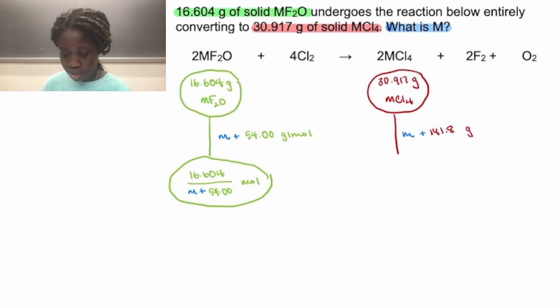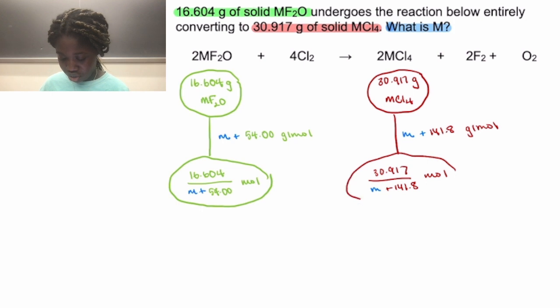This whole thing is grams per mole. So I'll write our expression, 30.917 over m plus 141.8 moles, and we'll put this in a bubble.